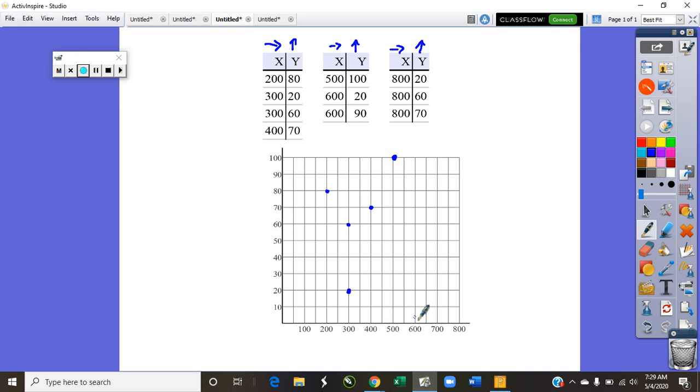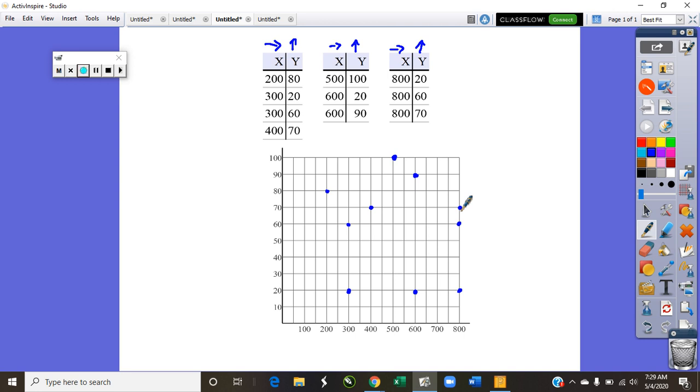Over 600, up 20. Over 600, up 90. Over 800, up 20. Over 800, up 60. And last is over 800, up 70. Okay, so if we look at these plots that we pointed here, there is not really any correlation.